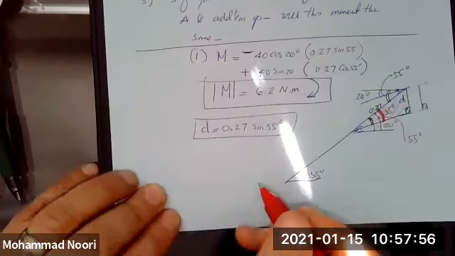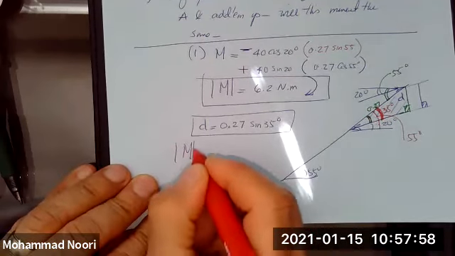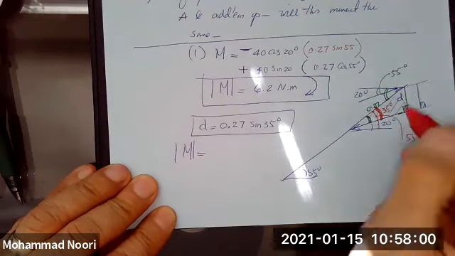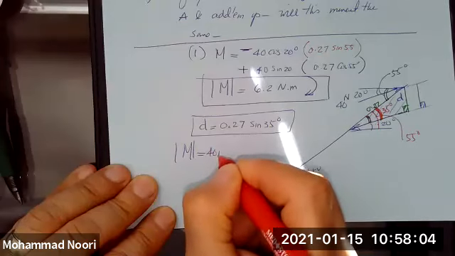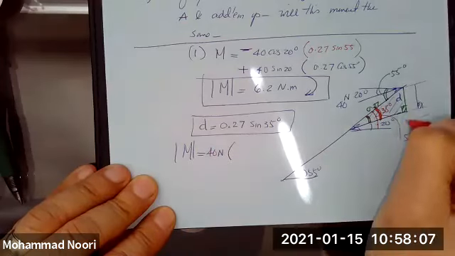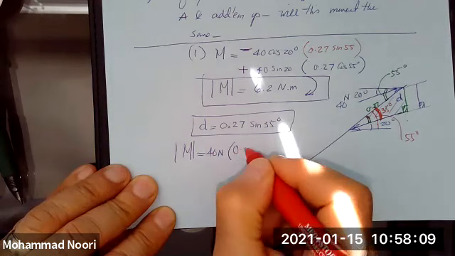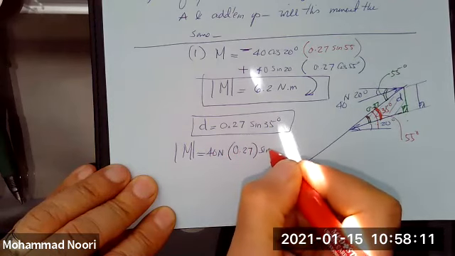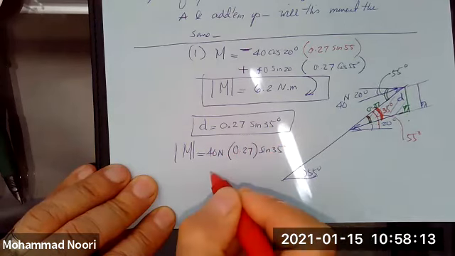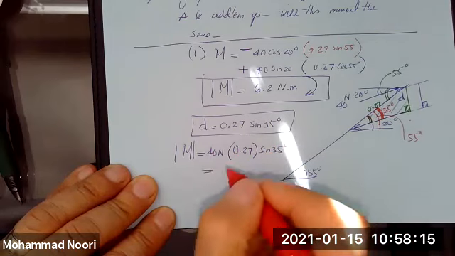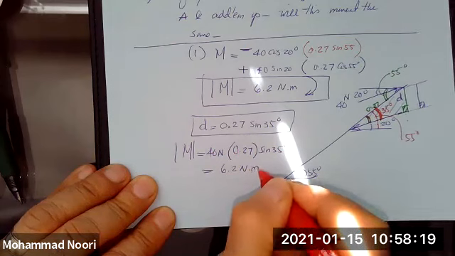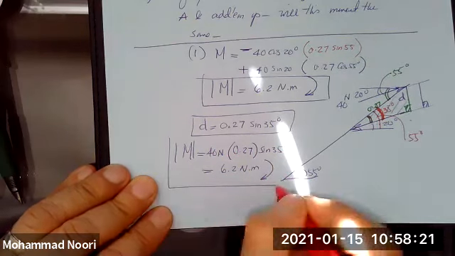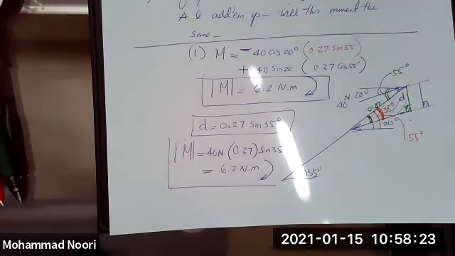So I can directly find the moment, which would be 40 Newton times the vertical distance between these two, 0.27 sine of 35. If you find that, you see that this comes out to be the same. Any question?